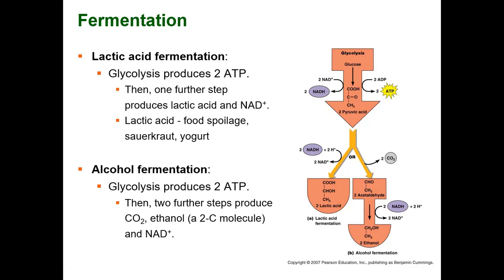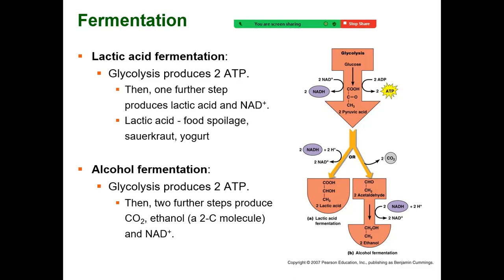And why the cell does this is that if there is no NAD+, then we will stop glycolysis. And if there is NAD+, we can continue using glycolysis for as long as we have glucose and NAD+.